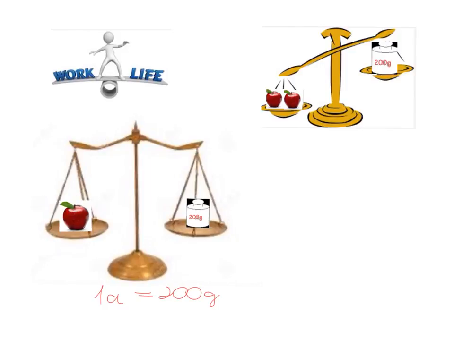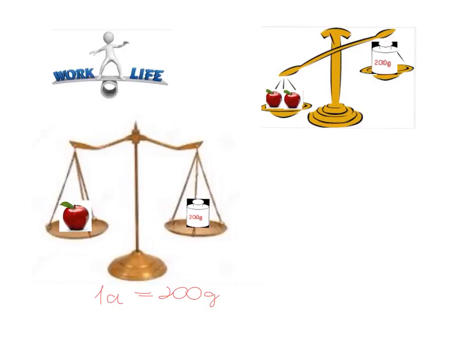So what happens when we add one more apple to the left side? It automatically goes down. It's too heavy. So when solving equations we need to keep it in balance on the same level. Whatever we do on one side, we need to do to the other as well.